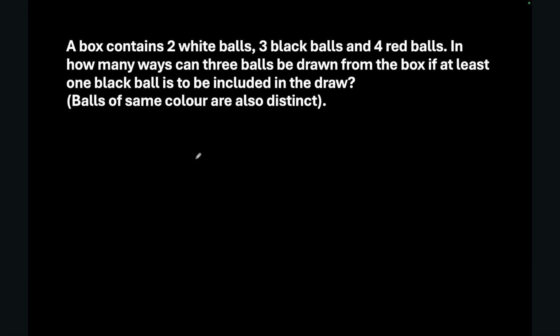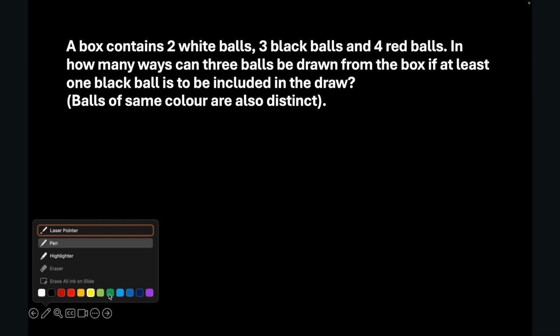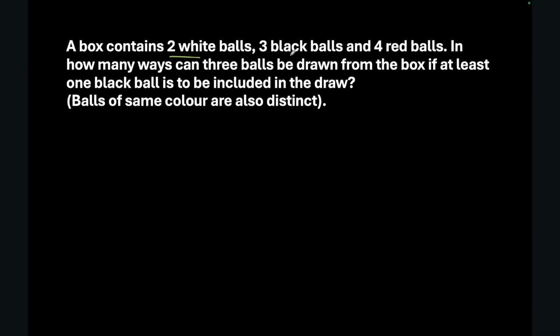Final question for today. We're asked that a box contains 2 white balls, 3 black balls, and 4 red balls. In how many ways can 3 balls be drawn from the box if at least 1 black ball is to be included in the draw?